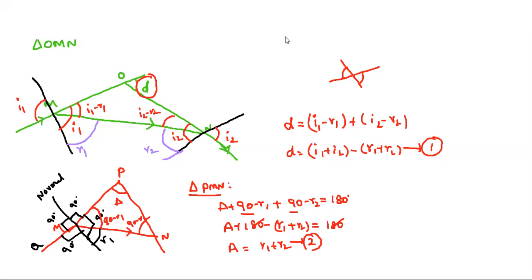Now substitute equation 2 in 1. Then you will have D equal to I1 plus I2, and in place of R1 plus R2 I will write A. Let us take this equation as 3.